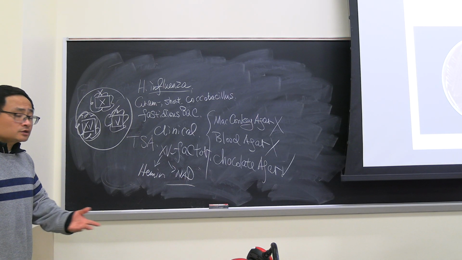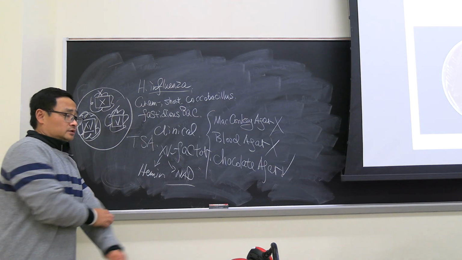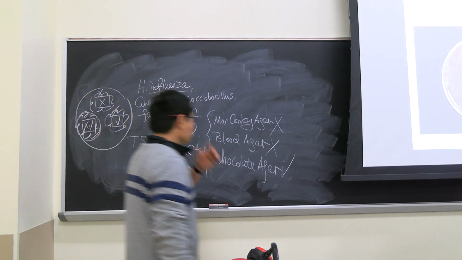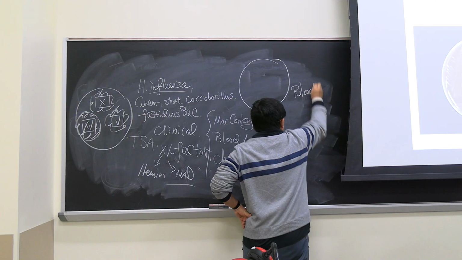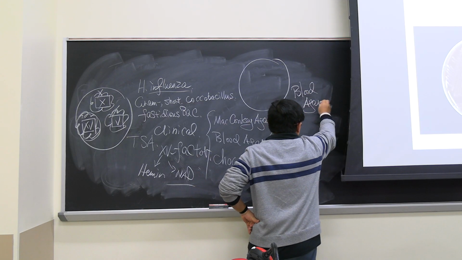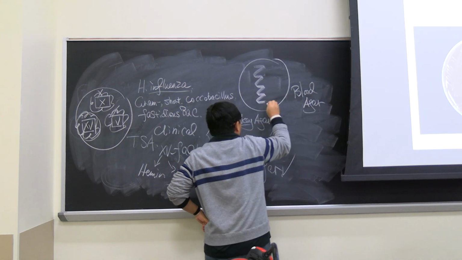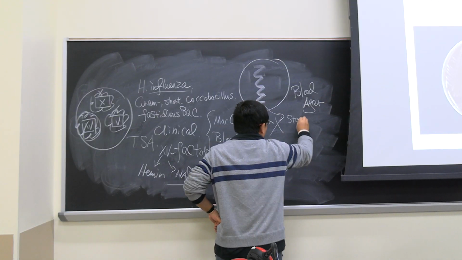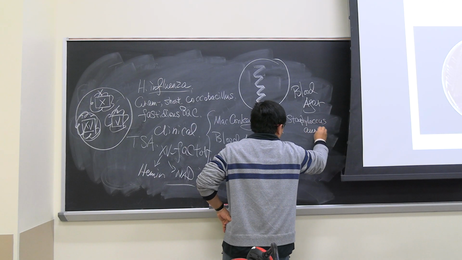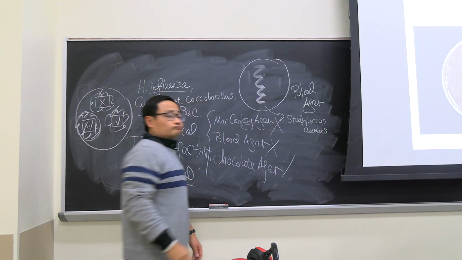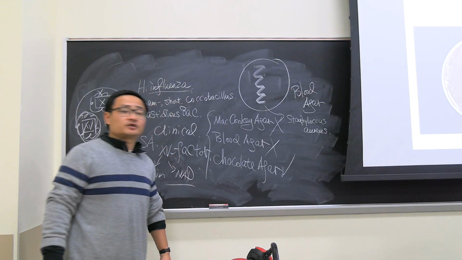But then as the research went on, it is so important that people want to know more. They find it's very interesting. If I have a blood agar, completely red, you see it. I'm growing Streptococcus, a Staphylococcus, and then I also grow Haemophilus influenzae.